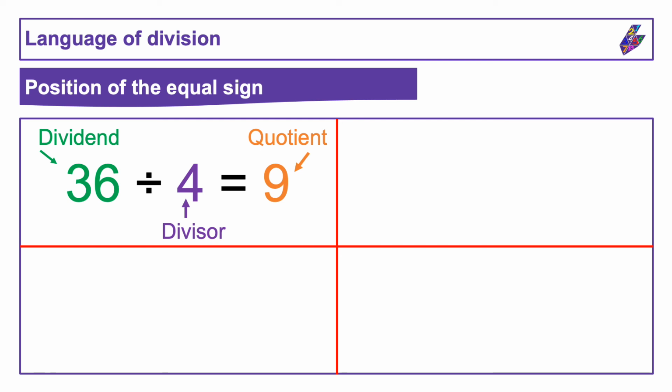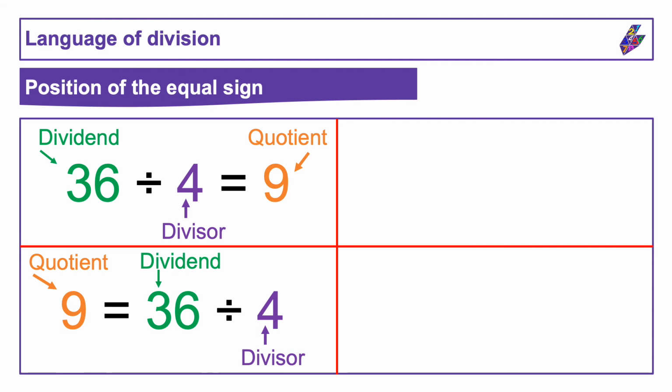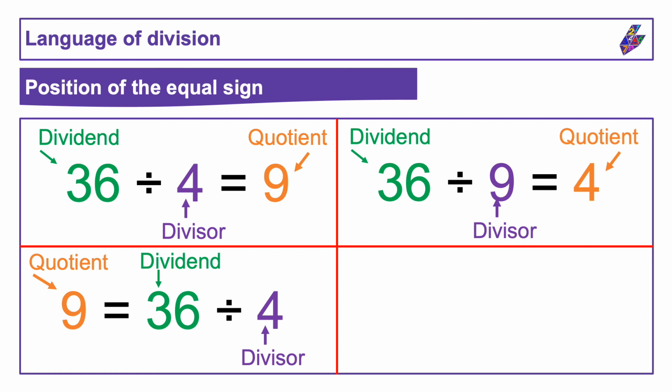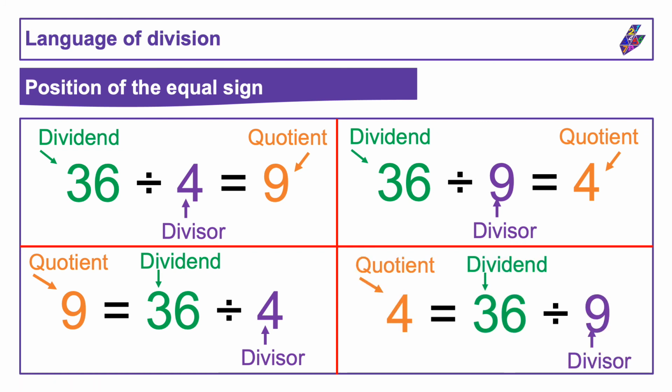So I can rewrite my equation like this: 9 equals 36 divided by 4. This doesn't change which numbers are the dividend and the divisor. 9, the quotient, is still the result of dividing 36 by 4. Or in this case, 4 is the result of dividing 36 by 9.